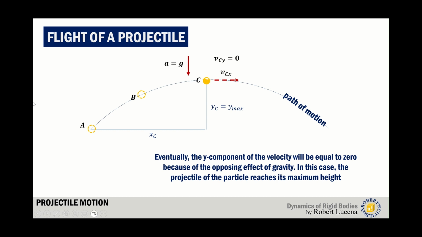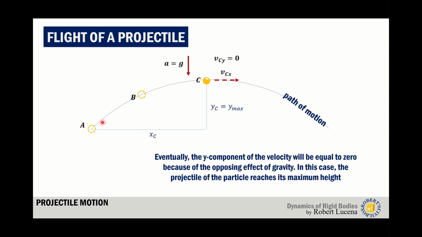From a positive value, it will lessen and lessen until it reaches 0. But the x component at this point, where there is 0 y velocity, still remains at Vcx. So the x component velocity at A, B, and C are all equal. This is based on our previous discussion.